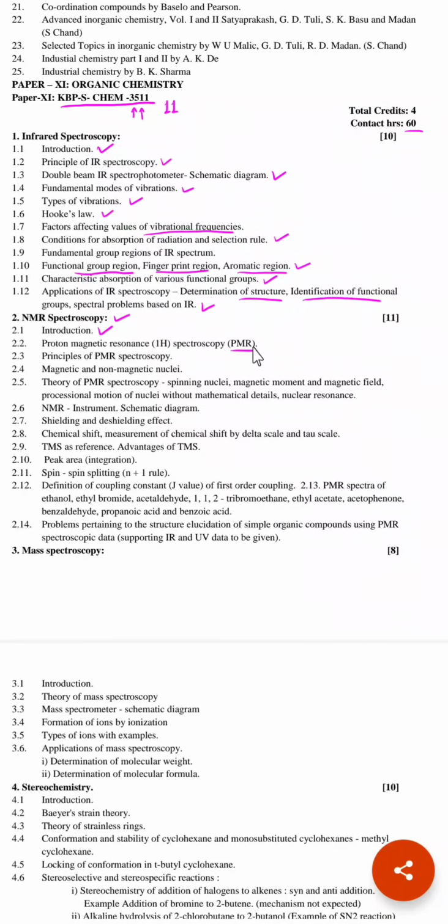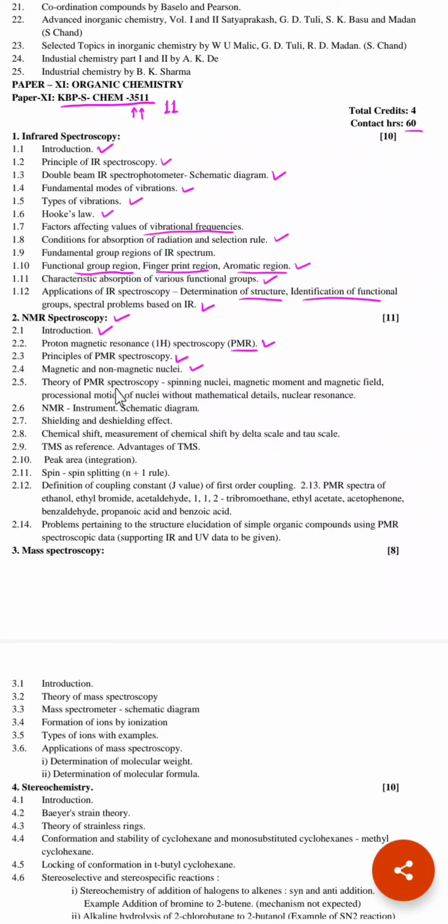PMR, proton magnetic resonance spectroscopy, this we will see. And after that, the principle of PMR spectroscopy, then magnetic and non-magnetic nuclei, what is meant by magnetic nuclei and non-magnetic nuclei, and how to identify these magnetic and non-magnetic nuclei, that we will see in detail.